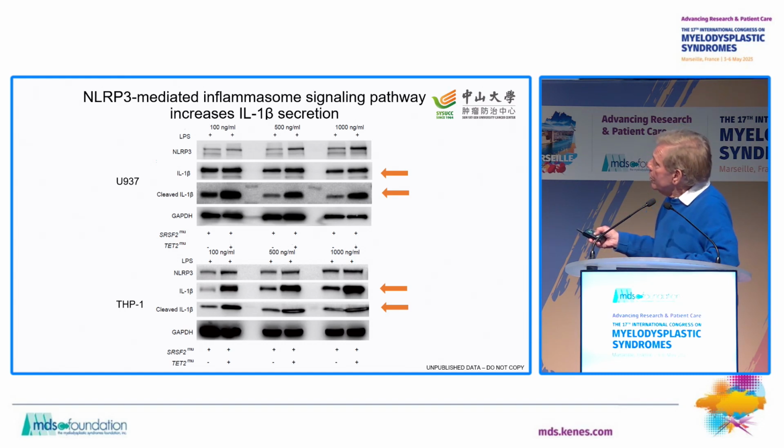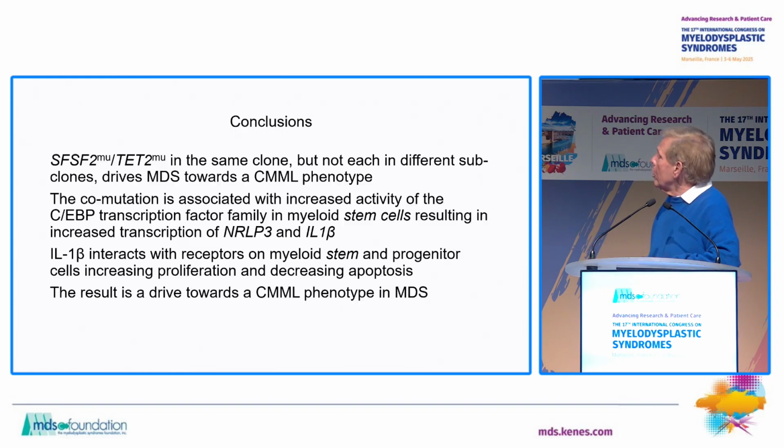Let's just look at the 1,000 nanogram column. You can see this increase in NLRP3. You see this marked increase in interleukin 1 beta and in the cleaved product. And virtually the same thing is occurring down here.